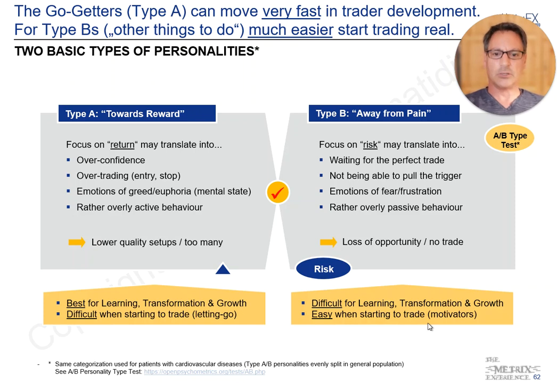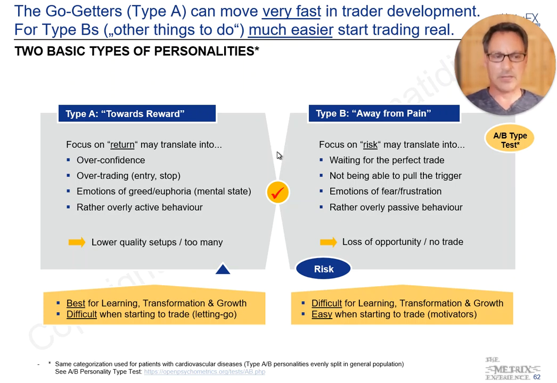Now the interesting question is, what is the best type for traders? Well, it's actually neither, it's in between. Very few traders in my coaching are actually balanced. You will find out when you do your A/B type test how strong a Type A or how strong a Type B you are, and whether you're rather balanced.